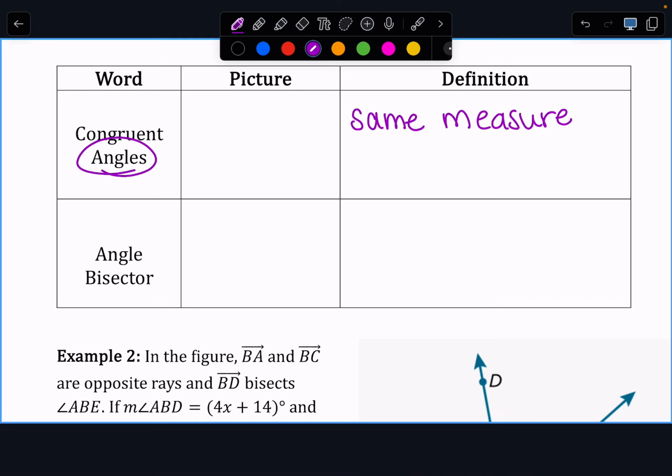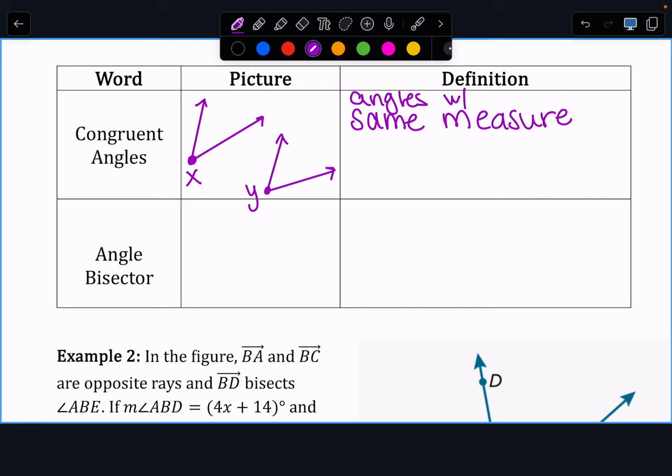So if it's angles, we have angles with the same measure. Vertical angles, we are not there yet. I wanted to get there today, but with our schedule, we will not be able to.